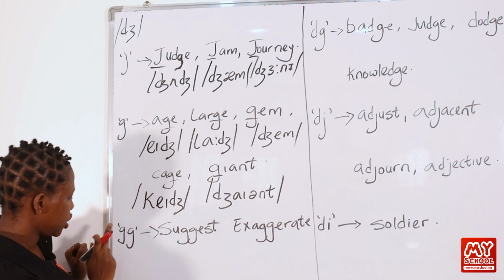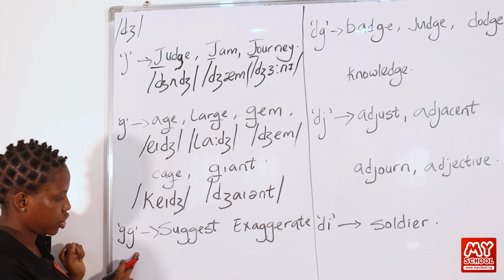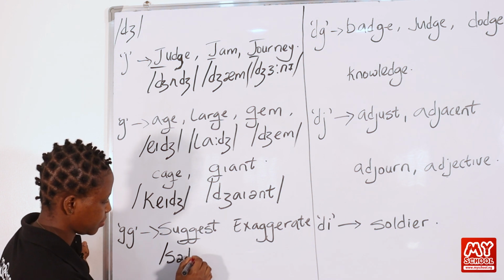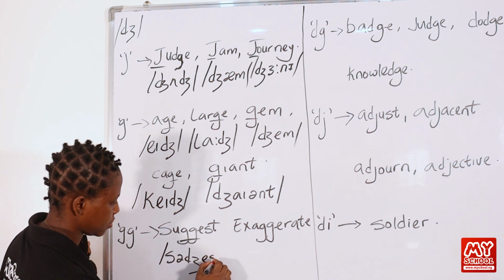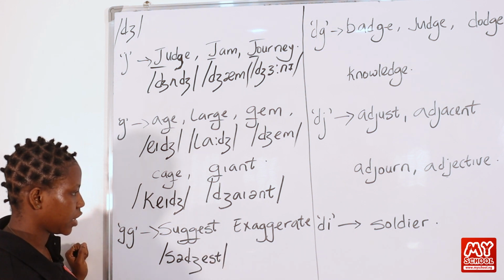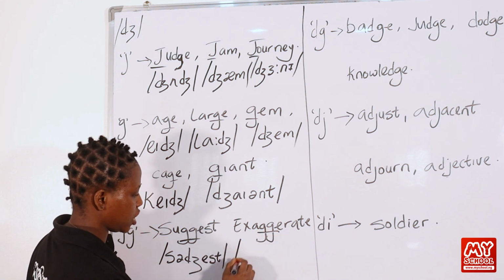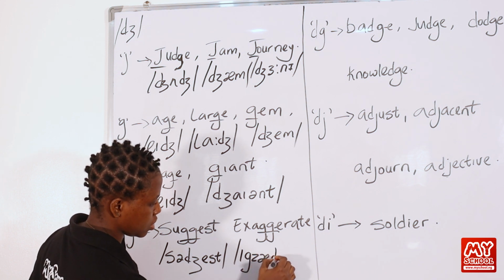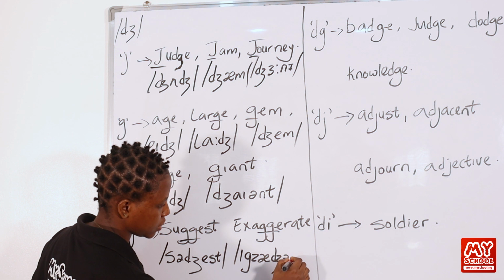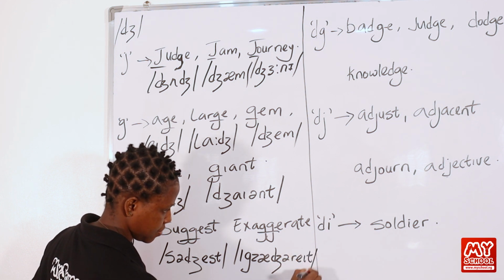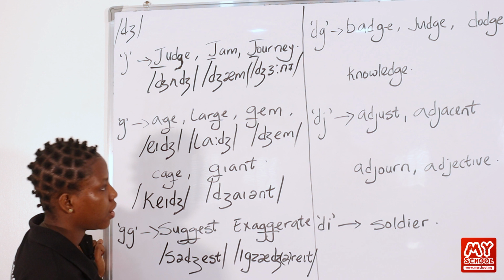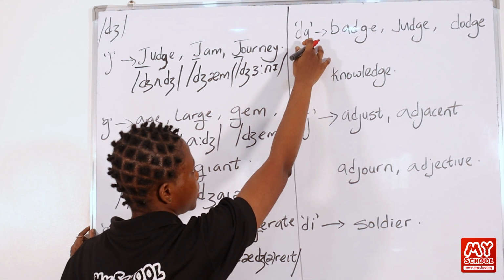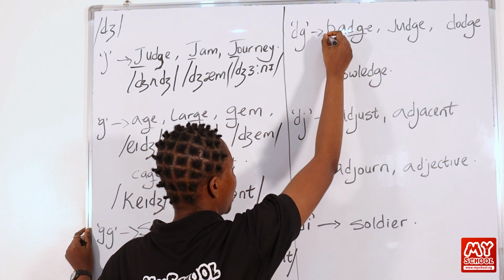Next is GG, okay? GG in the word suggest. GG in the word exaggerate. So next is letter DG, used together in the word barge.